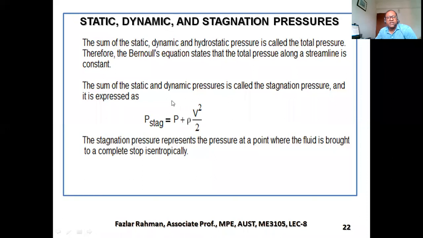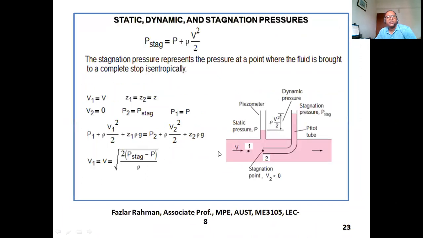The sum of static and dynamic pressure is called stagnation pressure, expressed like that: P stagnation equals static pressure plus kinetic pressure. Stagnation pressure represents the pressure at a point where the fluid is brought to a complete stop isentropically. Okay, isentropically means entropy constant.